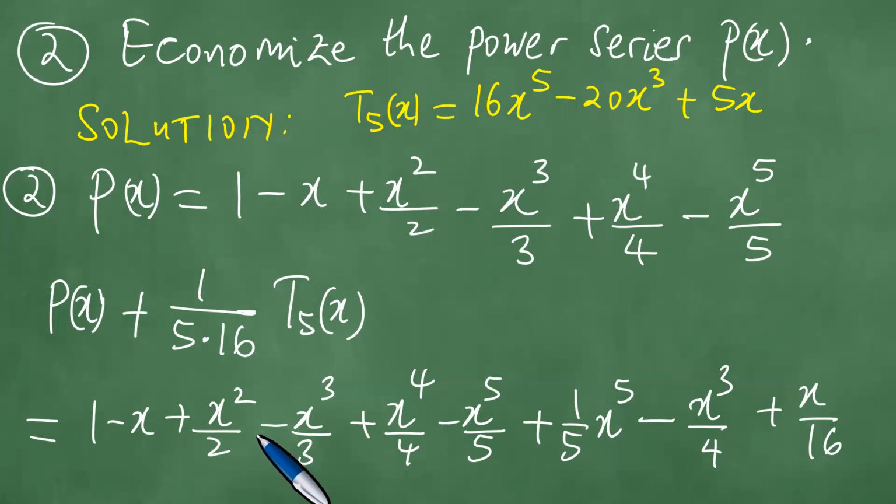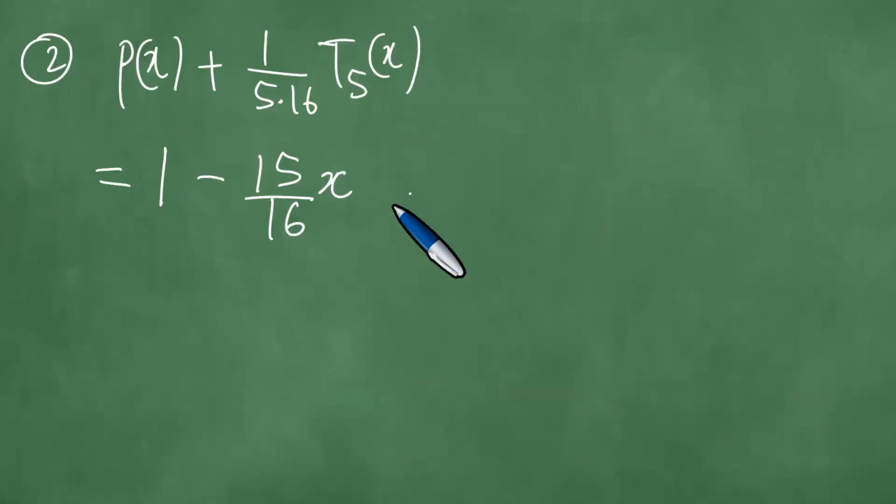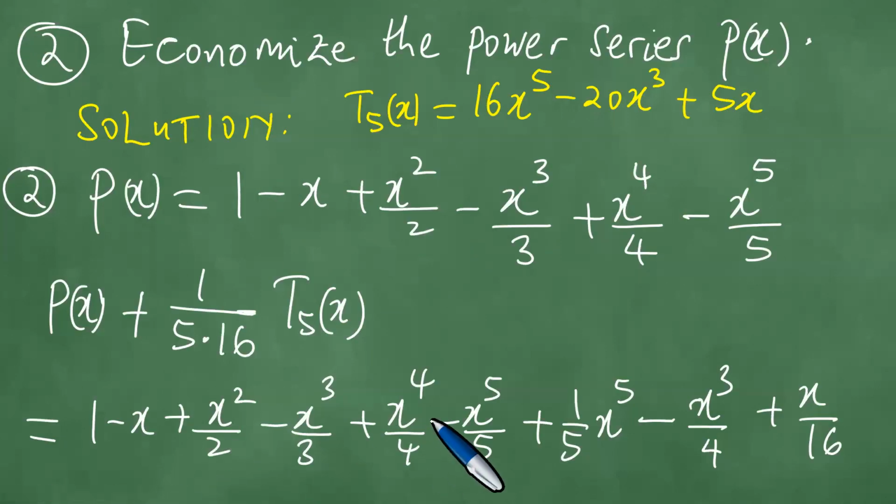And then now, quadratic, degree 2 is going to be half x squared. There's only one. There's no other x squared. It's going to be 1/2 x squared. And then, okay, x cubed. There's going to be this one and this one.